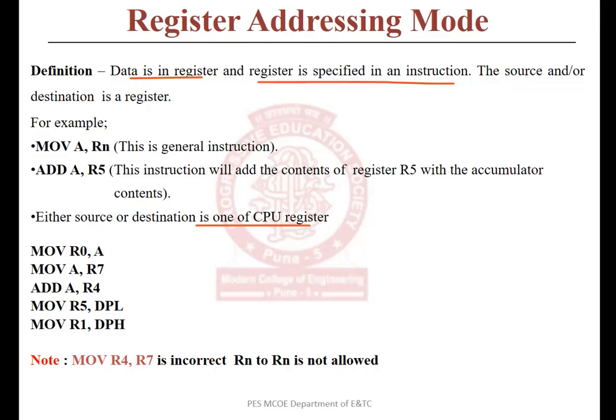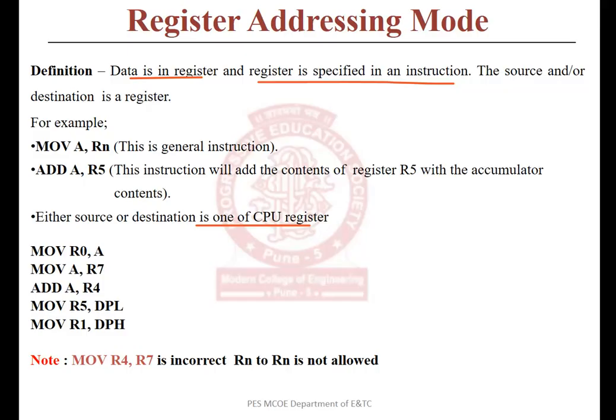MOV R0, A. This will move the contents of the accumulator into R0. MOV A, R7. This will store the contents of R7 into the accumulator. ADD A, R4. This will add the contents of R4 and the accumulator, and the result will get stored back to the accumulator. MOV R5, DPL and MOV R1, DPH.